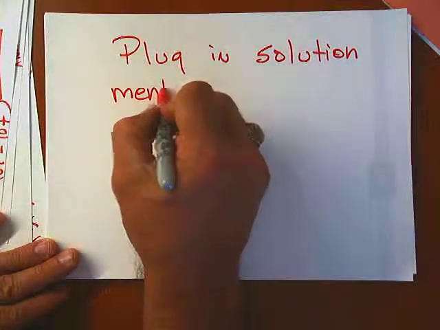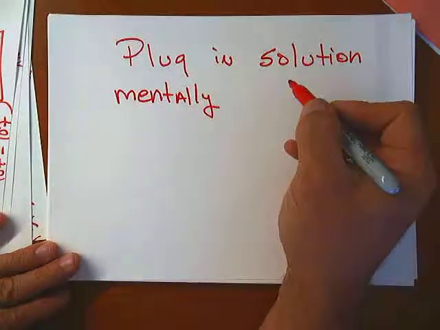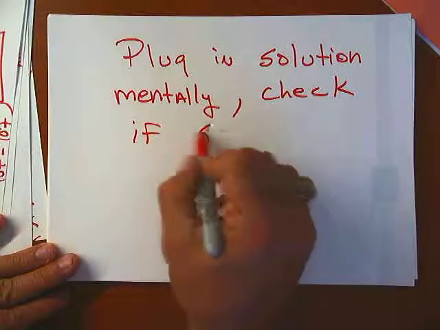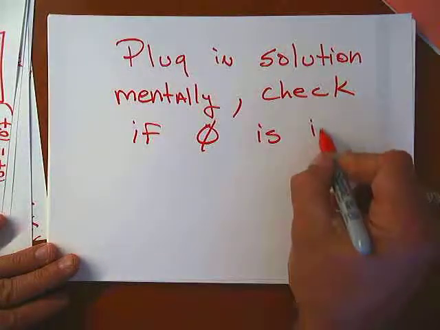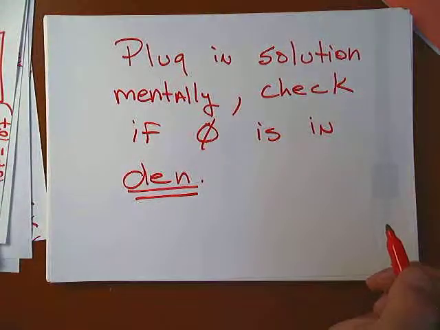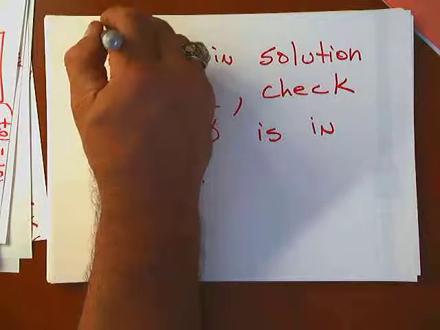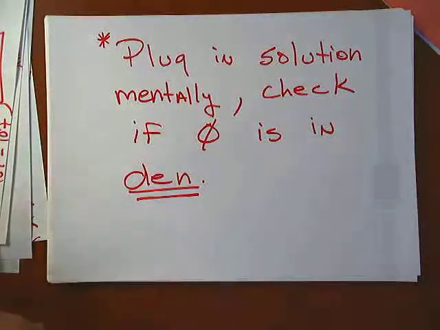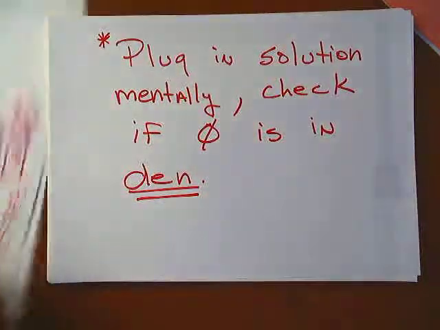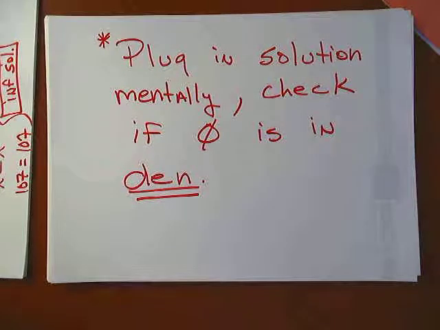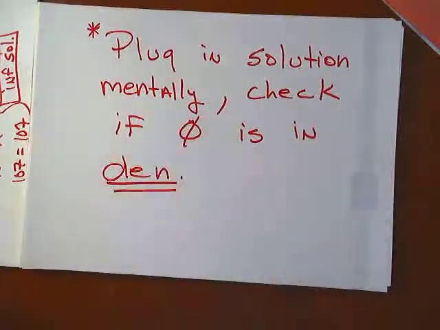So just remember that, and you also need to remember, and this is a big remember in this class and in this section: plug in solution mentally to check if 0 is in the denominator.